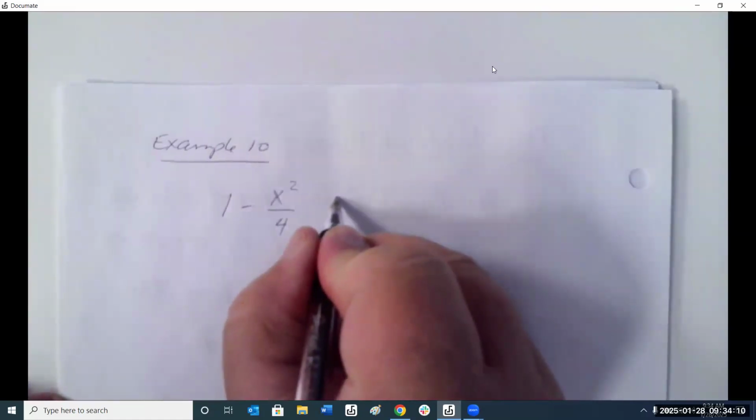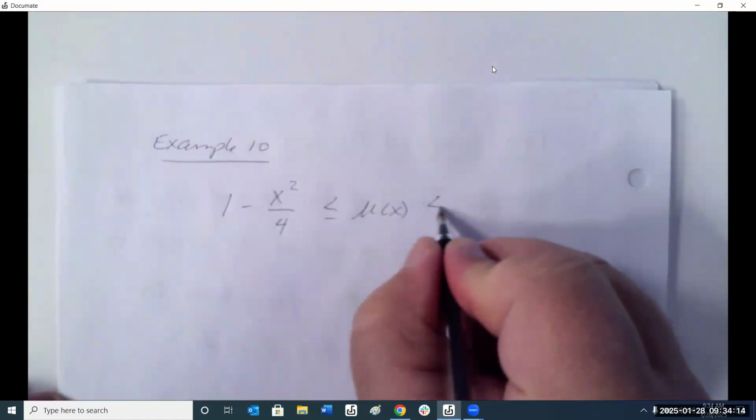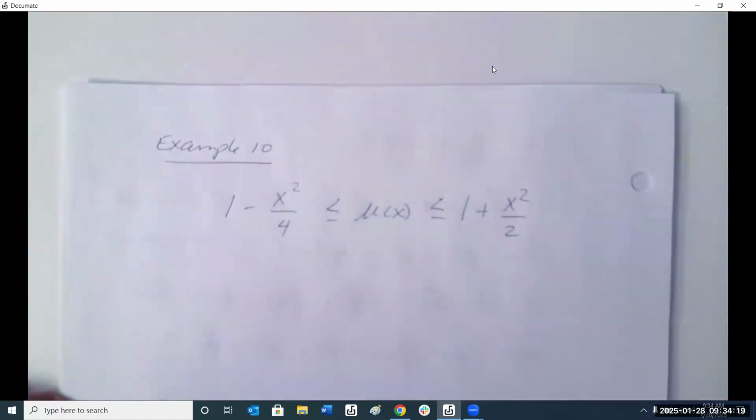Example 10. Let's look at this. We have 1 minus x squared over 4 is less than or equal to some value u of x, which is less than or equal to 1 plus x squared over 2.